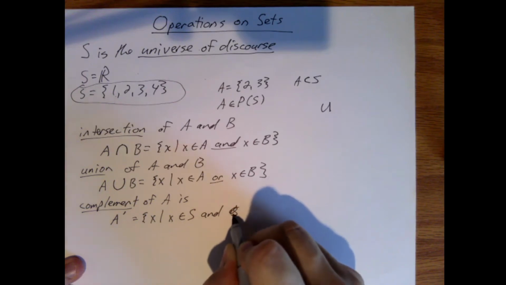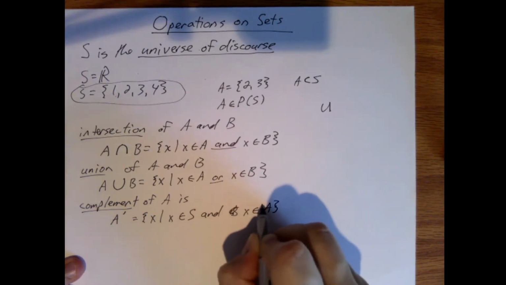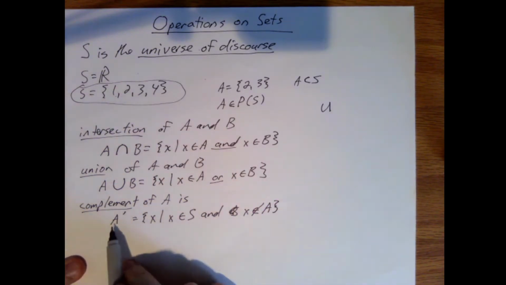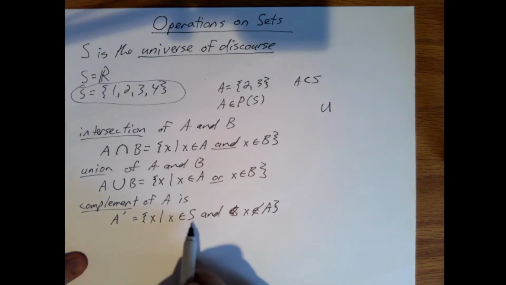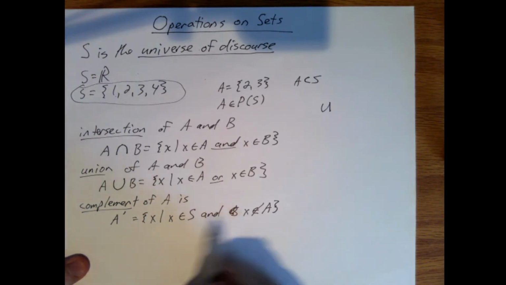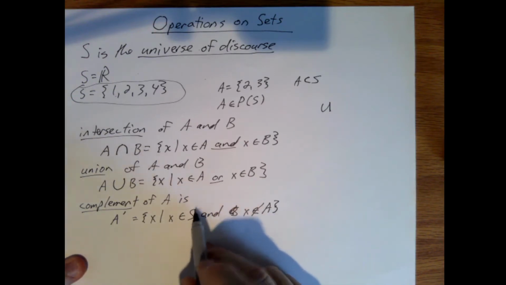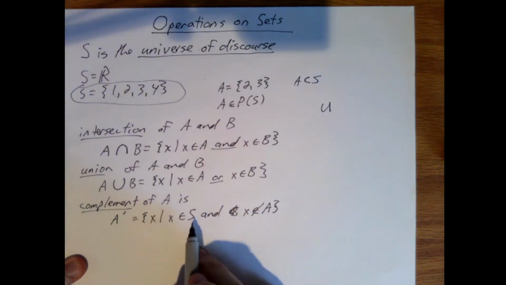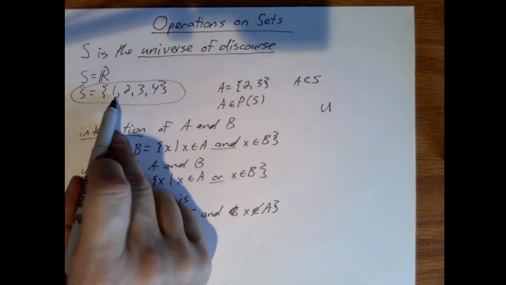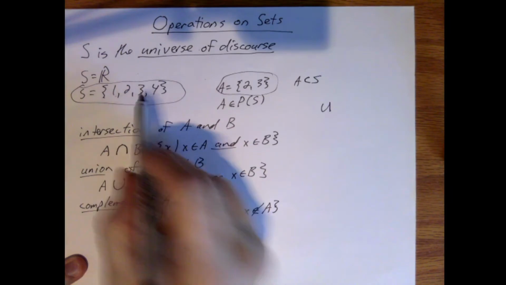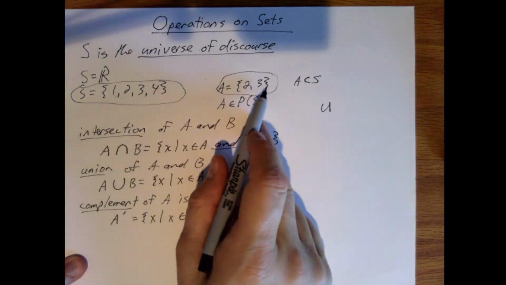So this says the complement of A is the set of all elements of S in which X here is not an element of A. So take our universe of discourse S and subtract out the elements of A. So if we had this S again and this A, the complement of A would be the 1 and the 4 because I removed the 2 and the 3.